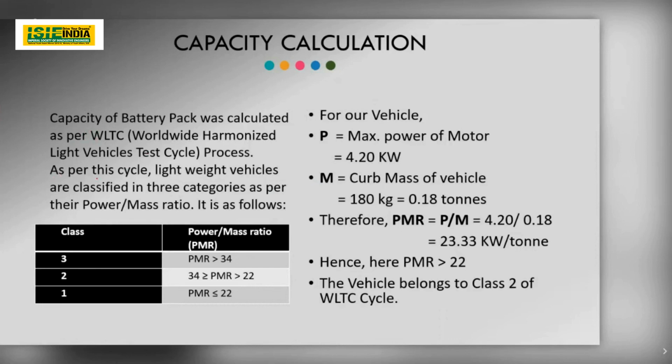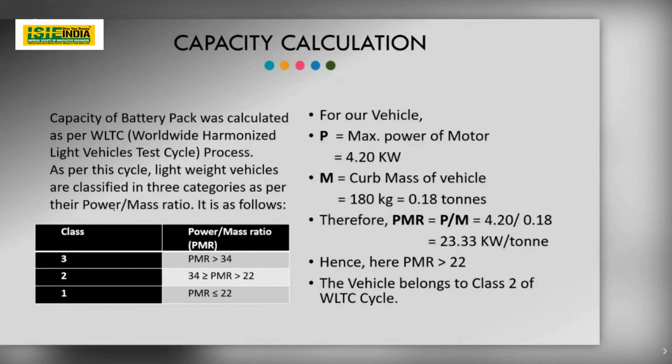So as per this cycle, lightweight vehicles are classified in 3 categories as per their power to mass ratio, that is PMR. So 3 classes are divided: class 3, class 2, class 1.